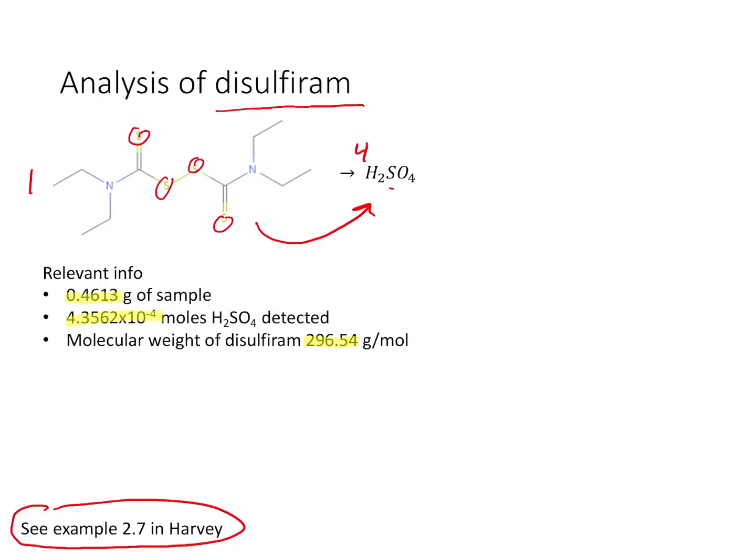Since we've got 3 numbers, we need to figure out which number we're going to be starting with. And it makes sense for us to start with the moles of sulfuric acid, because the grams of sample is part of the problem that we're trying to solve. We know how much of the sample we had, but we don't know how much of that was disulfiram. So that is not a useful quantity for us.